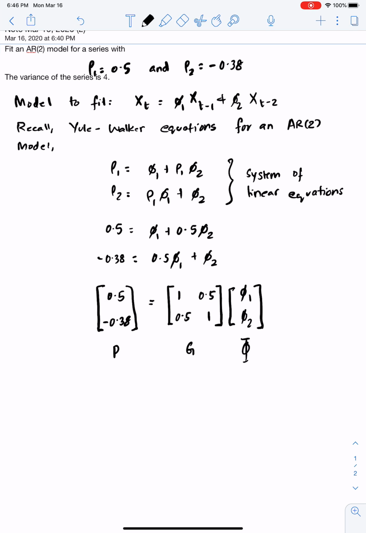And we have to solve for the phi vector here, and phi would simply be equal to G inverse times P. So you have to use a TI-84 calculator to find the inverse of G and multiply it by the matrix P and so forth.